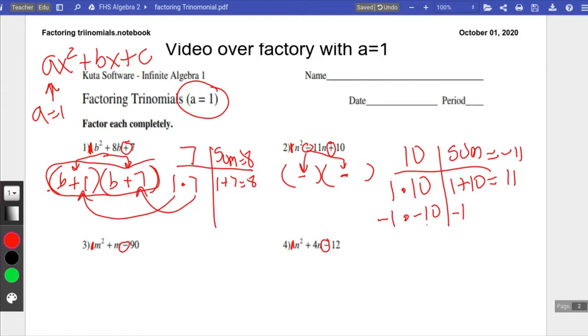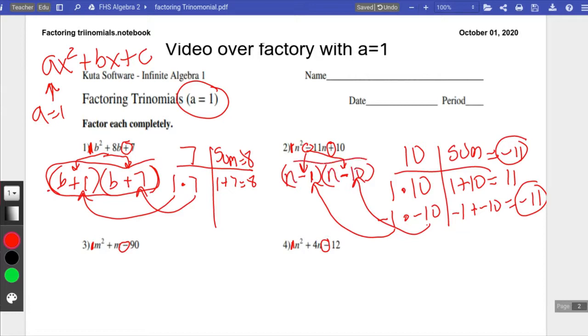So what about negative 1 plus negative 10? They give you negative 11. So this checks out. All you have to do is put this number right here and that number right here. So we have a 1 and we have the 10, and the letter we're dealing with is n. You're done with this.